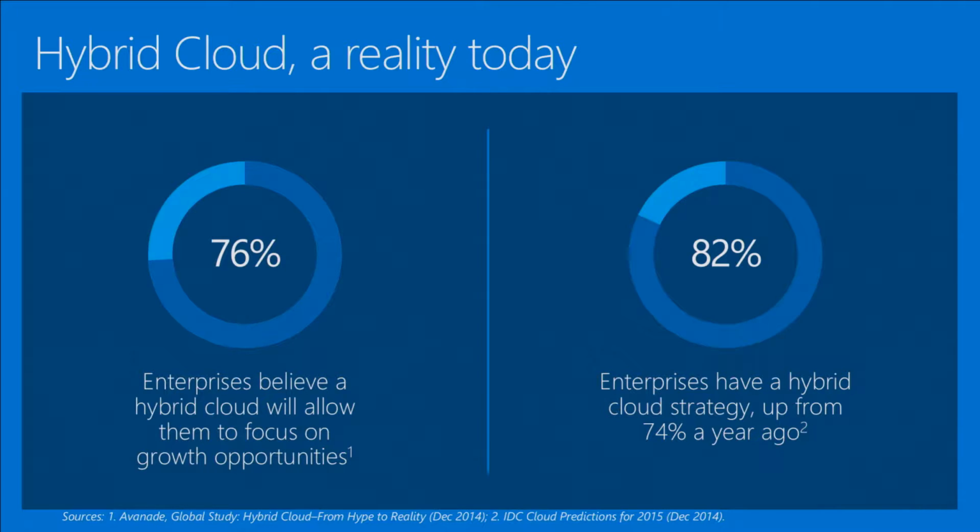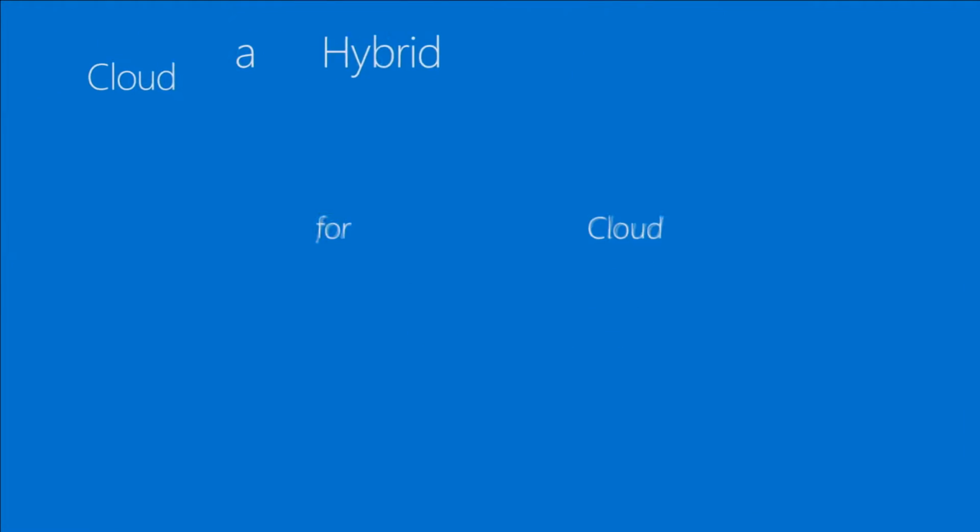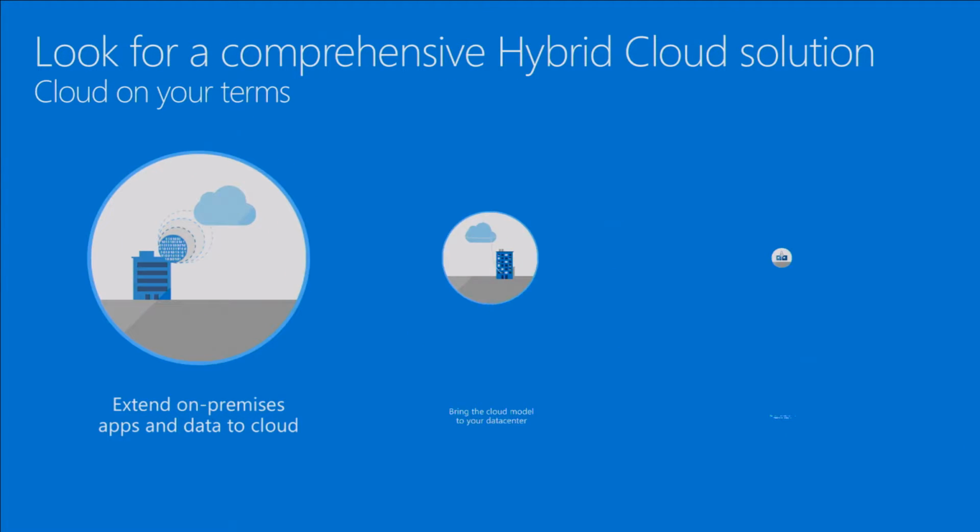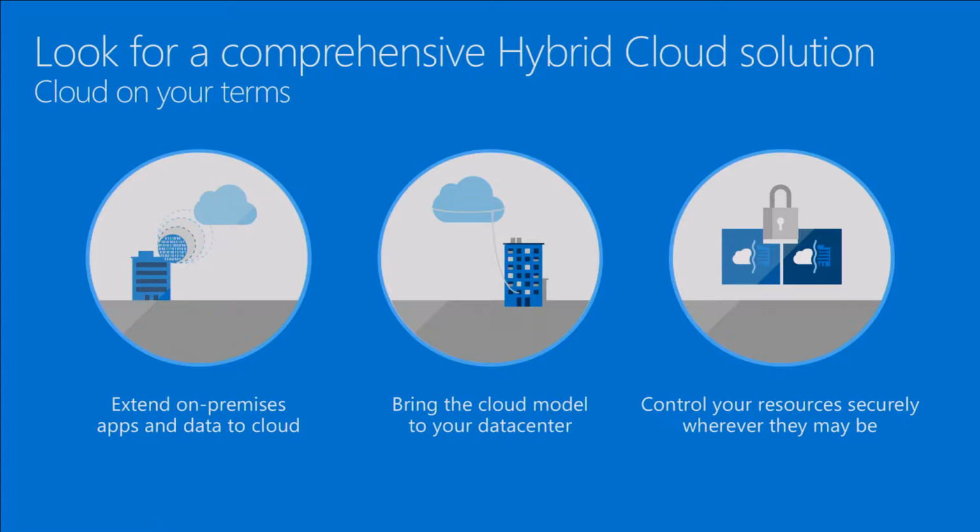Data from Avanade has shown more than 76% of enterprise customers believe hybrid cloud will help them grow, and more than 82% of enterprise customers had a hybrid cloud strategy in place by 2017. So again, I think hybrid cloud is great, and that's really the future that people across many sectors and many use cases will be able to take advantage of.